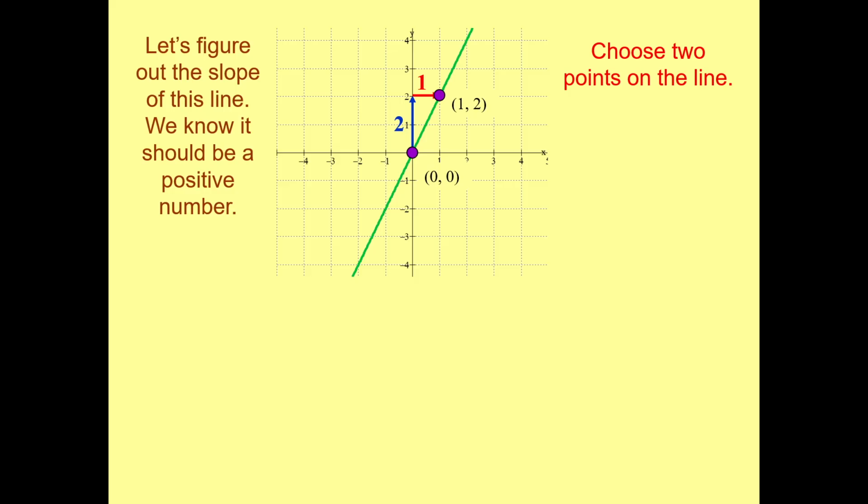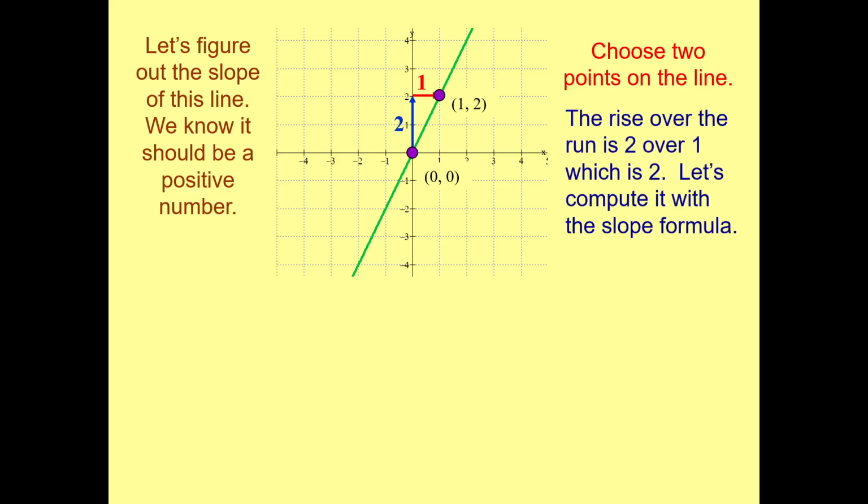We have slope here, the change in y divided by the change in x. The change in y is 2, the change in x from one point to the other is 1. You have the ordered pairs there.